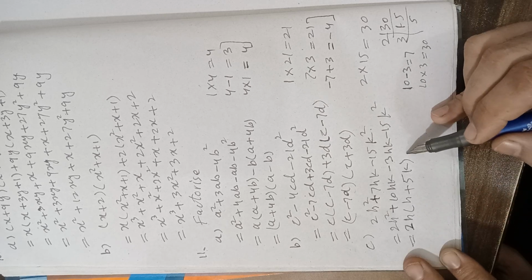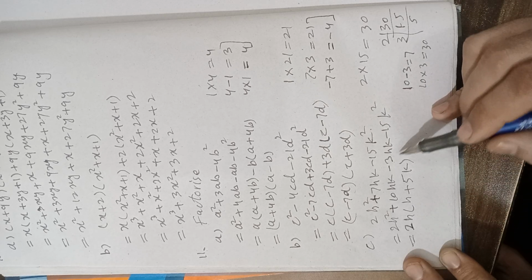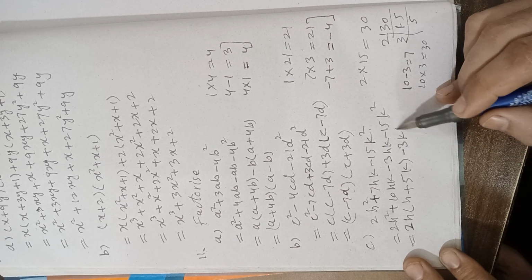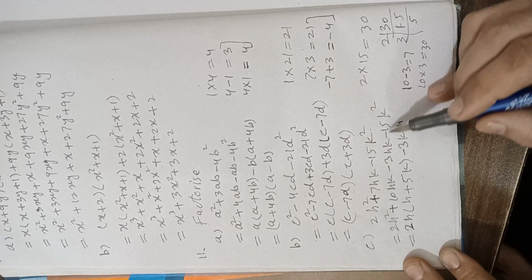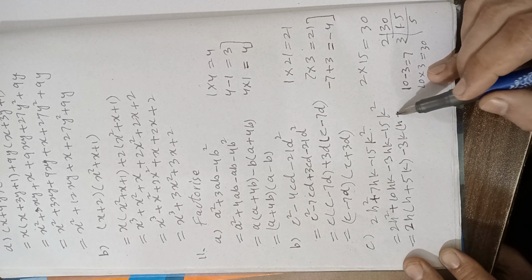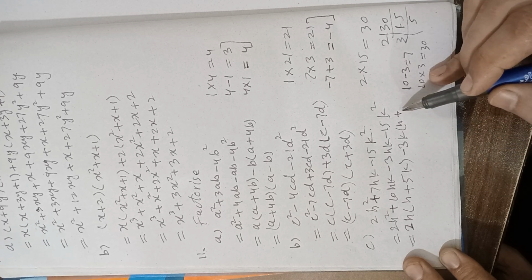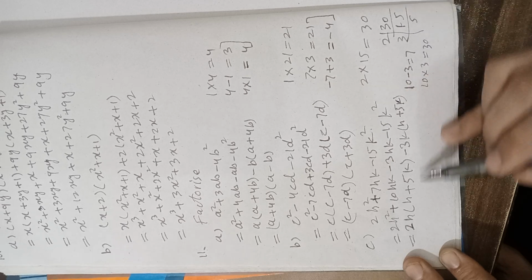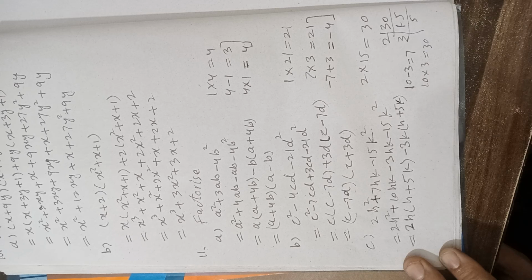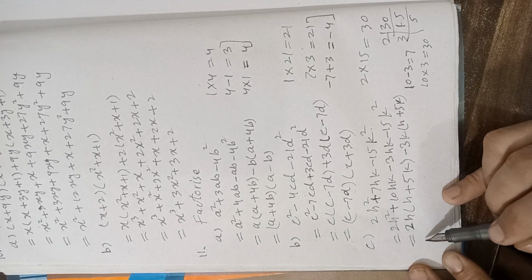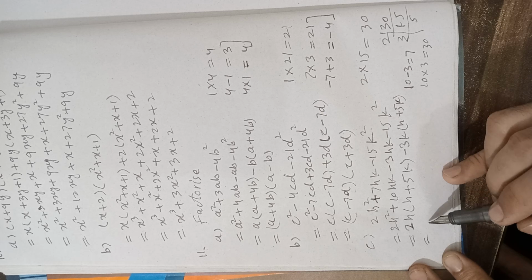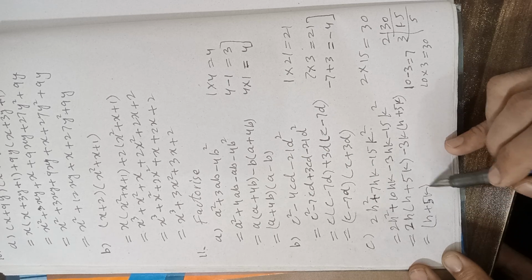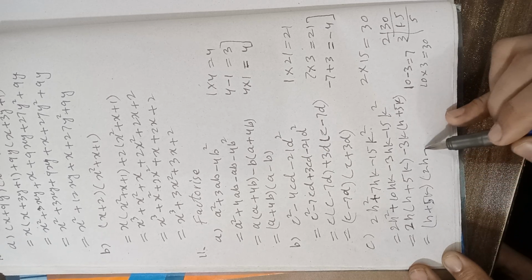H is outside our bracket. Then minus 3 is common and k is also common. So there will be only h, and due to this minus sign, inner sign will change. And when 15 is divided by 3, the answer is 5, 3 5s are 15. 5 and k here. Now you can see h plus 5k, these are same, so it proves our factorization is right. Now take h plus 5k as common, and in the bracket 2h minus 3k.